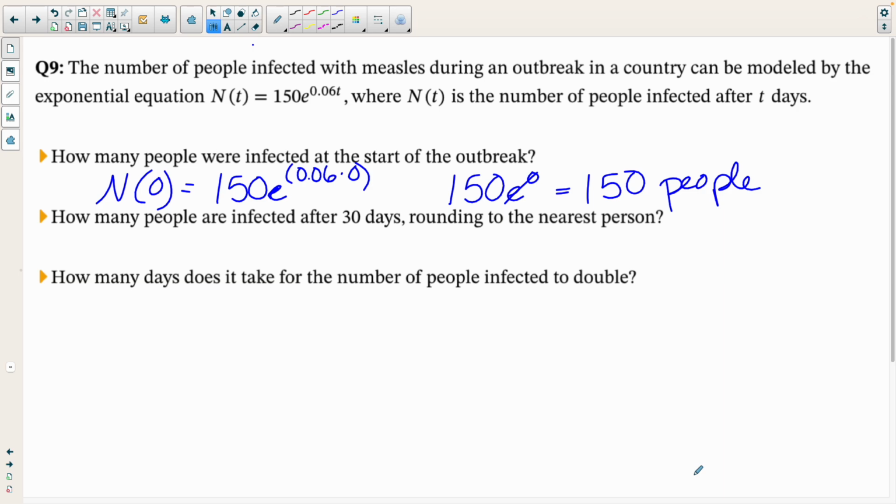All right, next one is how many people are infected after 30 days? So it's still giving us the time here. We're gonna plug in a 30 right here and evaluate. Okay, so we're evaluating n of 30. And then it does say round to the nearest person in this case, so we can just round this one to the nearest person.